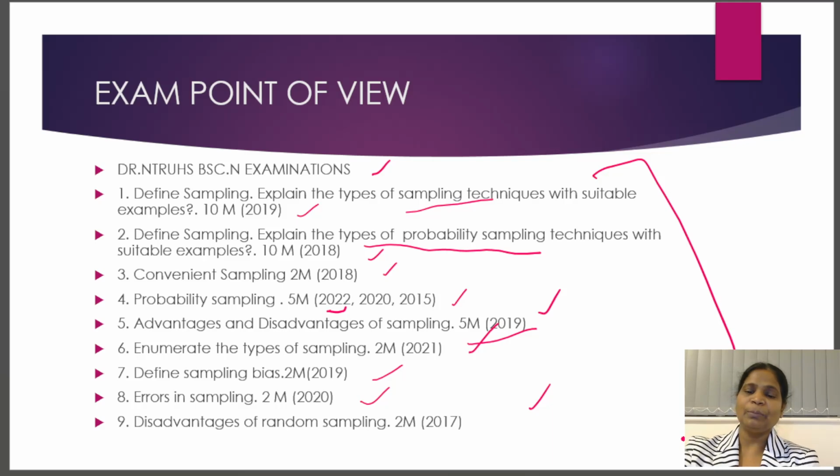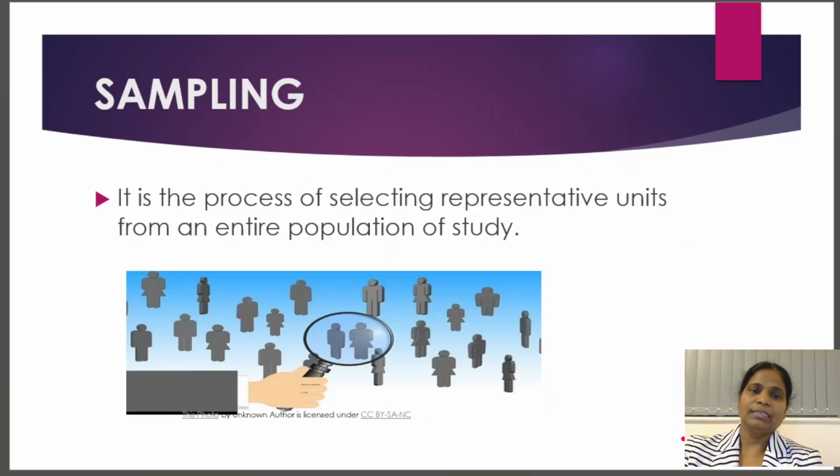I hope you are all prepared to listen to this one. What is meant by sampling? It is a process of selecting representative units from the entire population. So whenever a researcher wants to conduct a study, he selects a population, like adults or middle-aged or adolescents or nurses and so on.